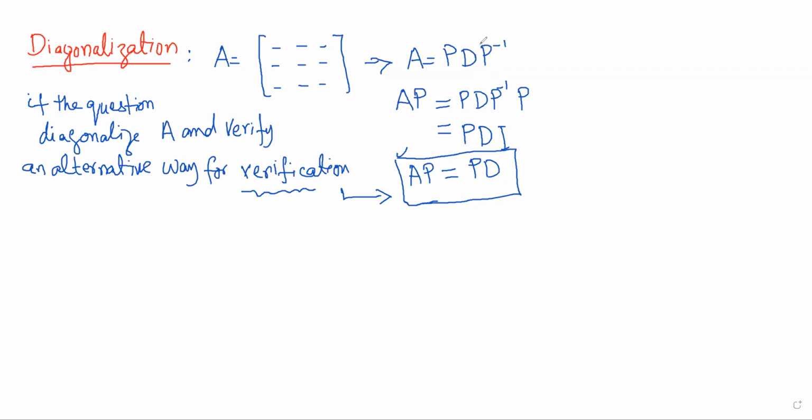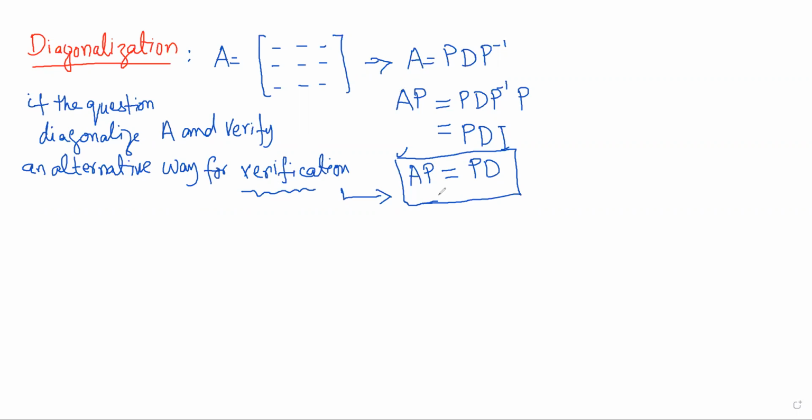You can skip the process of finding P inverse, so it will take less time, because otherwise you do some process for finding P inverse from P, and then do those multiplications for the verification purpose.